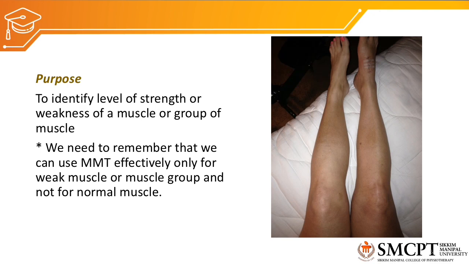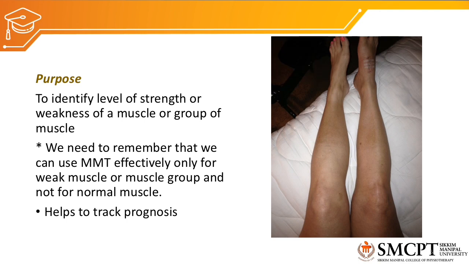This is because MMT is not so sensitive in differentiating between normal muscles, because small differences cannot be perceived by manual muscle testing, but a big range of difference can be appreciated. For example, if you're comparing a weak muscle with a normal muscle, you can clearly see the difference. So therefore, MMT is very effective in testing the weak muscles rather than the normal muscles.